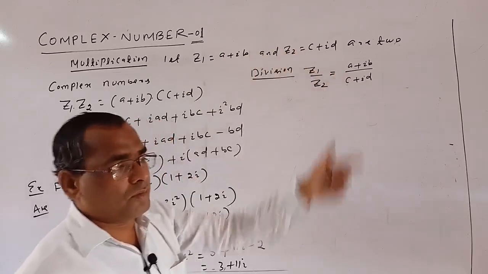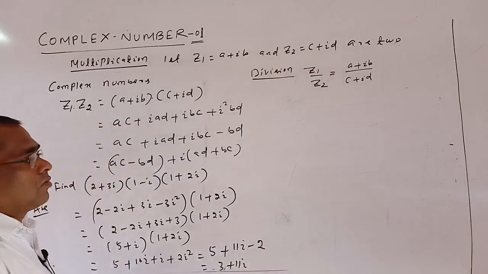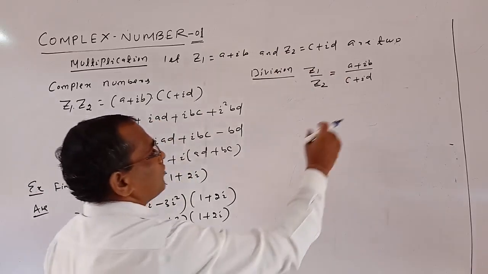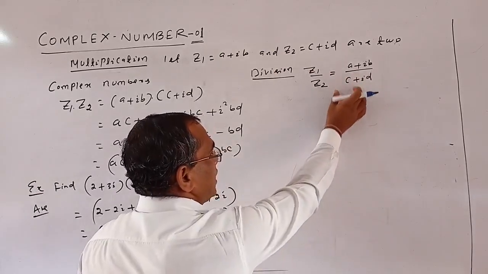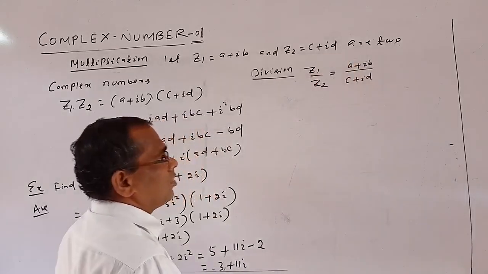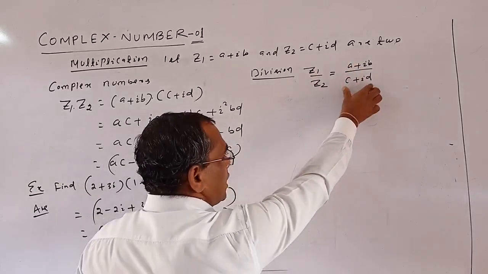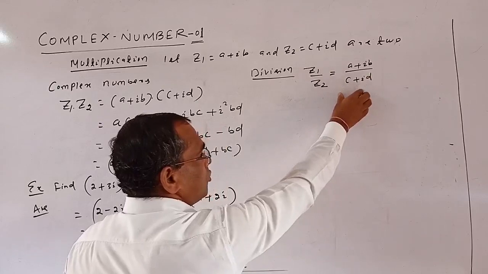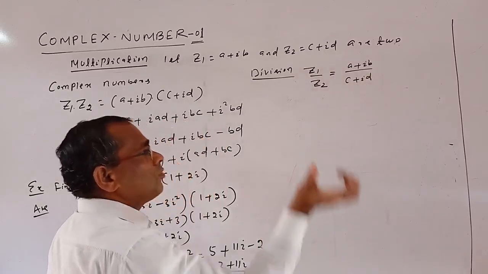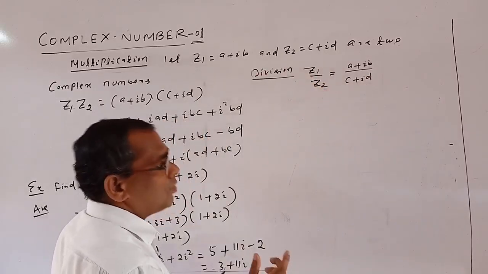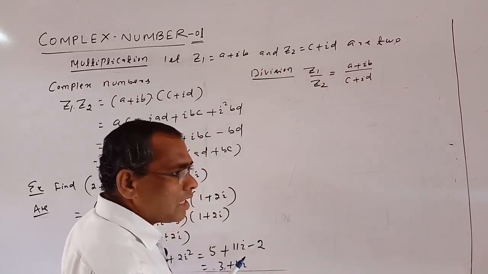it to a plus ib form, the complex number form. For that we multiply c minus id in numerator and denominator. The denominator is c plus id, so its conjugate, c minus id, we multiply in numerator and denominator in order to get a complex number.